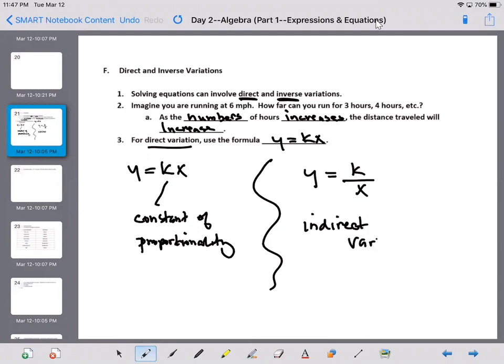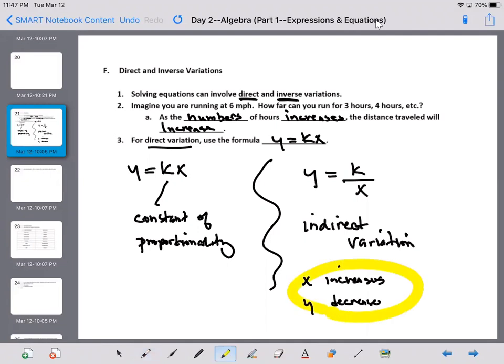And what we'll notice with an indirect variation is that as the x increases, the y will decrease. So a little different than what we saw up here, where as x increases, y increases. Well, an indirect variation would be as x increases, y would decrease.